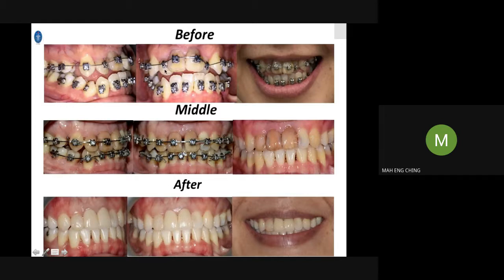Then you're not going to change the crown angle too much. If you change the angle too much, sometimes you weaken the root. So in this kind of case, we use braces. Again, we correct the overjet and overbite, and let them have a positive bite. It means the overjet is positive, the overbite positive. Then we restore with the crown.